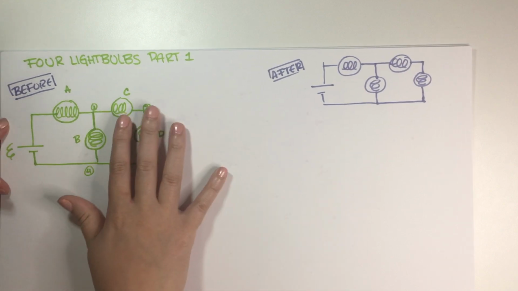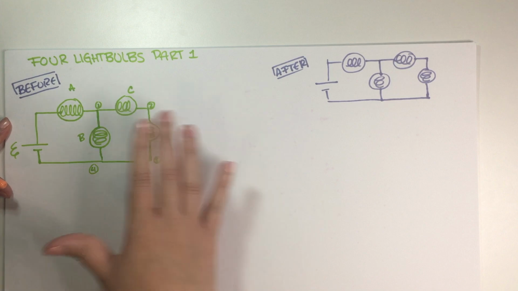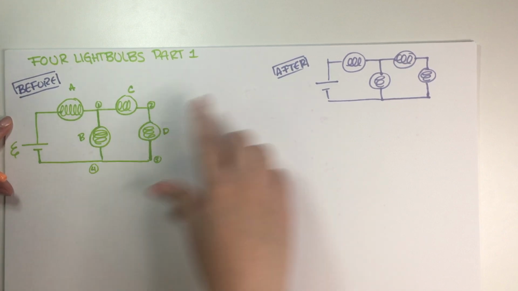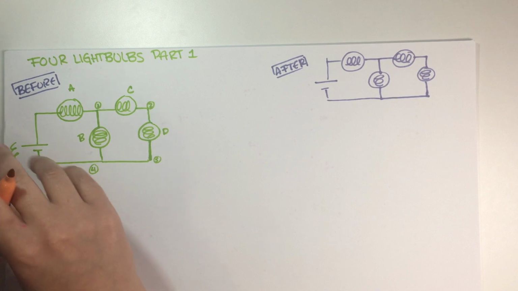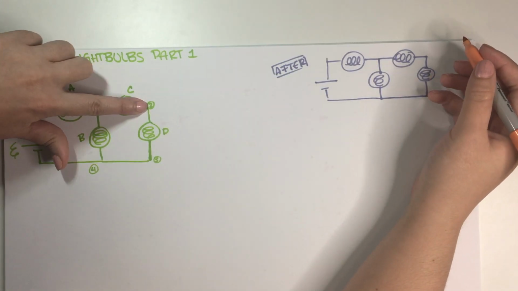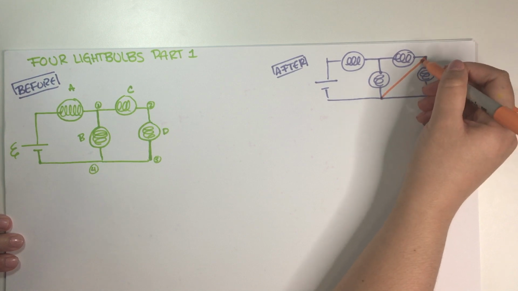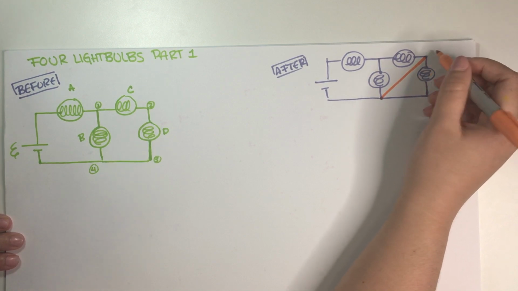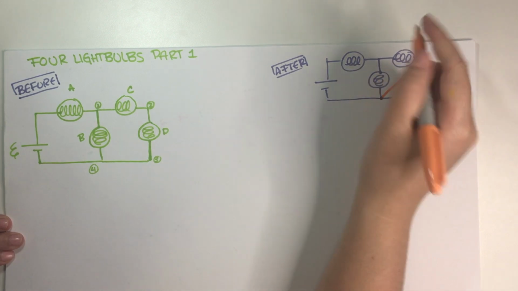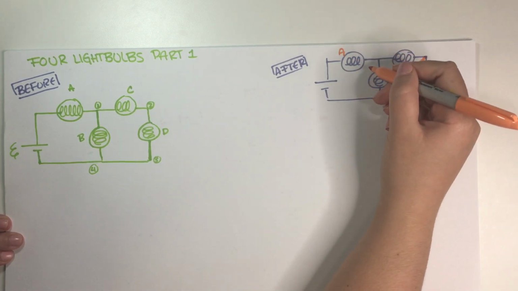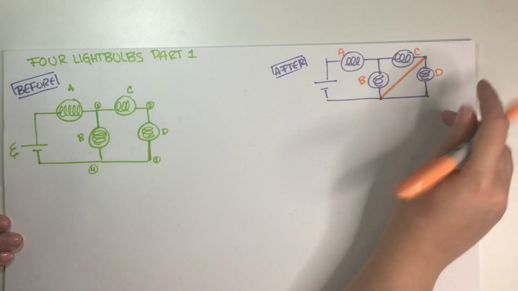This is the before diagram, and I want to keep it because what we're going to be doing is comparing. This is my after diagram, and I'm connecting from here to here, like this, right? Or it could go outwards, but these 2 points are connected. Oh, and this is A, B, this is C, and this is D.